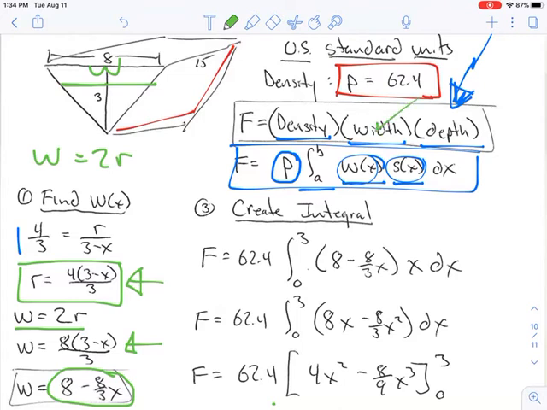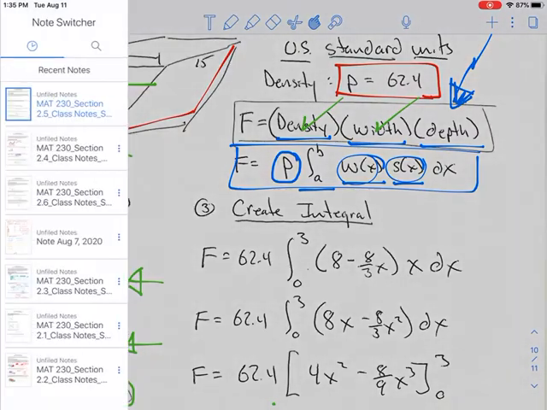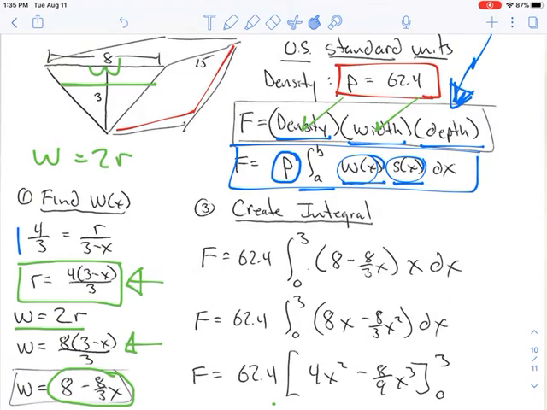Got that? Check. Got density? Check. What about my depth function? Well, the depth, once again, just like with the other problems that we were doing, if we let x equals 0 be at the top, okay, x equals 0 at the top, and so this distance here is a distance x.